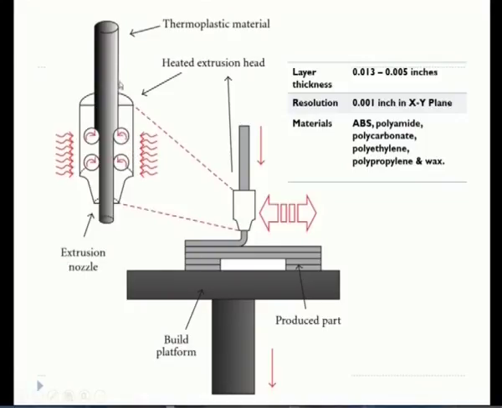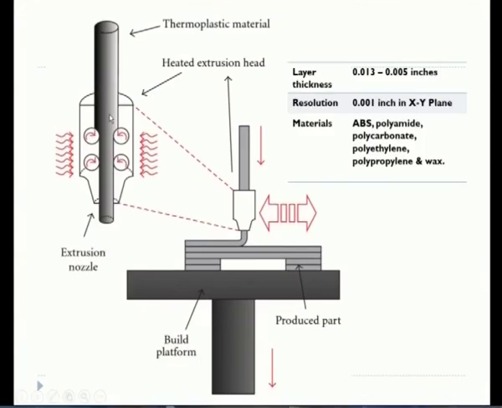First the input is given in the form of a filament, which undergoes a phase change from solid state to liquid state, and then it is extruded and solidifies, and then we get the final product.